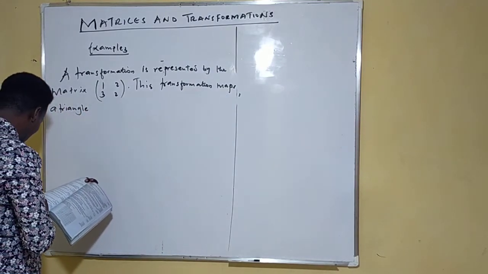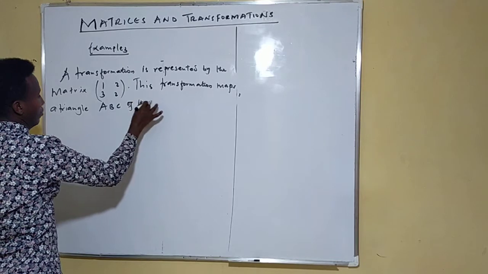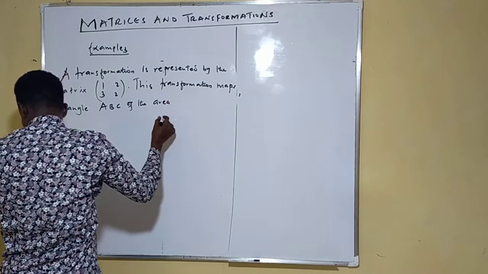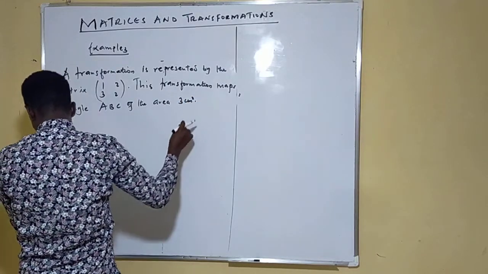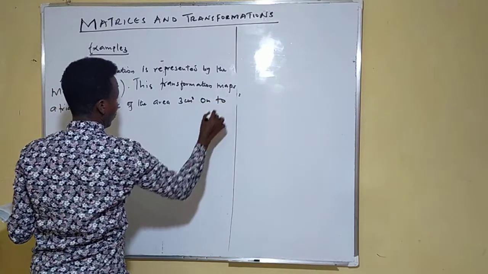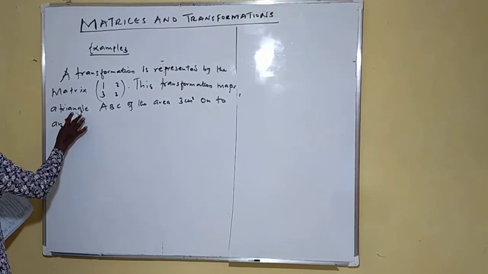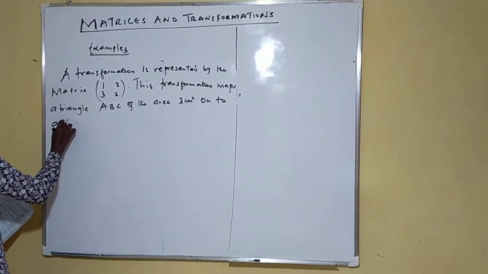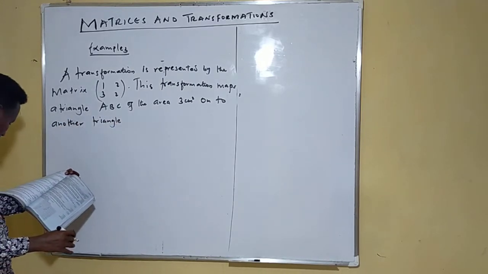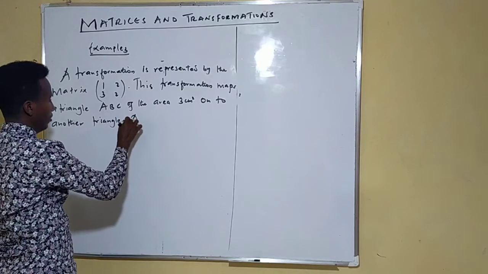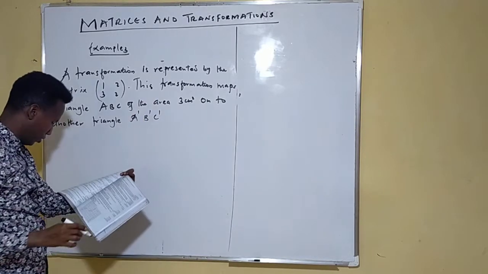This transformation maps a triangle ABC of the area 3 centimeters squared onto another triangle A prime, B prime, C prime.